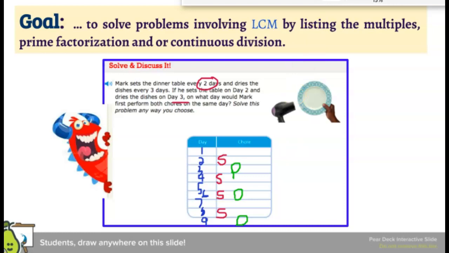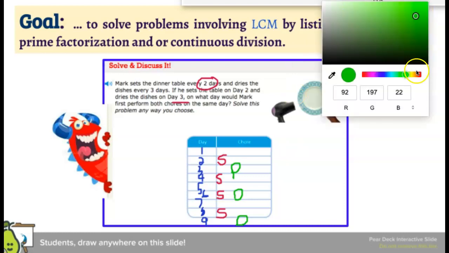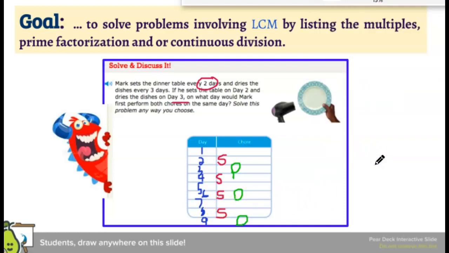So with that said, when is the first day that he's going to do all the work? On day 1 he is not doing work, somebody else is doing the chores. On day 5 also somebody else, and on day 7. But on what day is it that he's doing both drying and setting up?